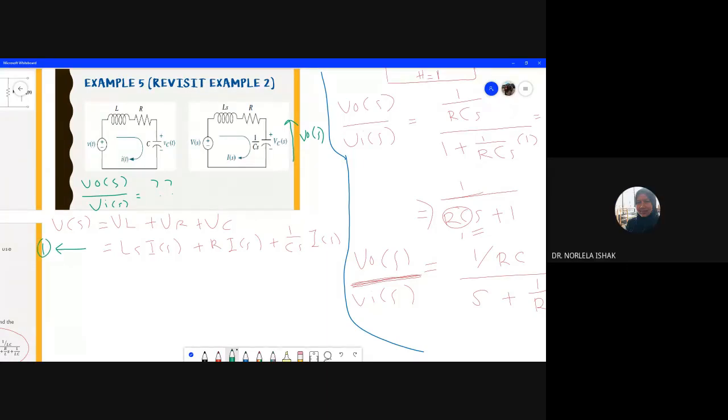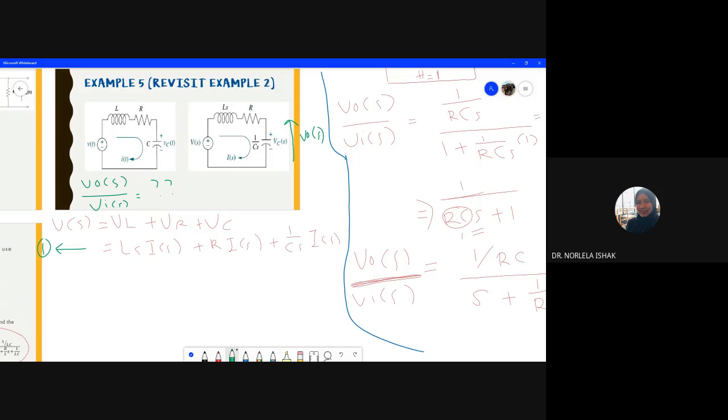So from the first equation, how do we show the relationship between the output voltage V naught and the capacitor voltage? You have to show the relationship between both, because we want to define the transfer function of V naught.